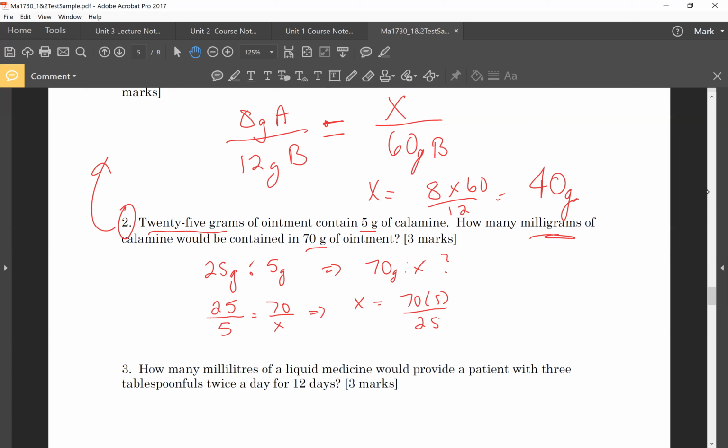If you have more questions on cross multiplying, you can let me know. But the answer here will be 14 grams. But that's not what the question is asking for. It's asking for milligrams. So how do I change grams to milligrams? I won't keep doing these unit conversion ones, by the way, but I just had that question a minute ago.